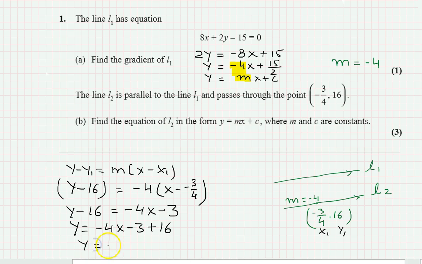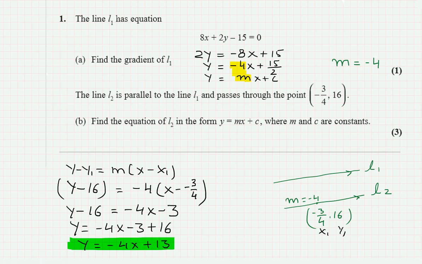So y will be negative 4x plus 13. So that is the equation of line L2. M is negative 4 and C is 13. This was question number 1.